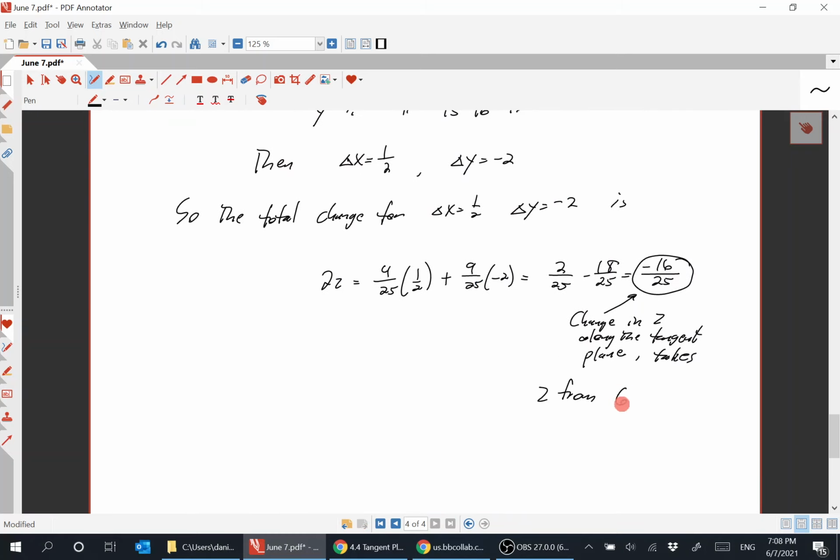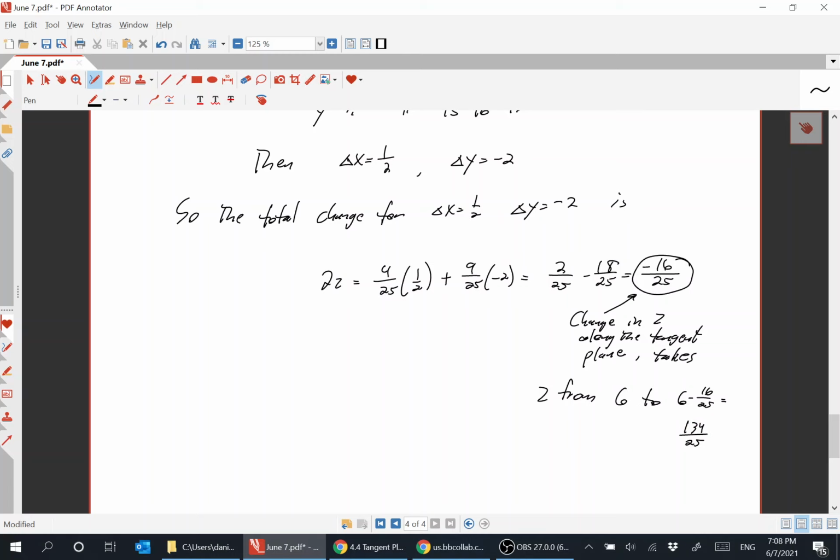From 6 to 6 minus 16 over 25, which is equal to what? So 25 times 6, 150. So 150, 134 over 25, right? Which is the new value for z along the tangent plane.